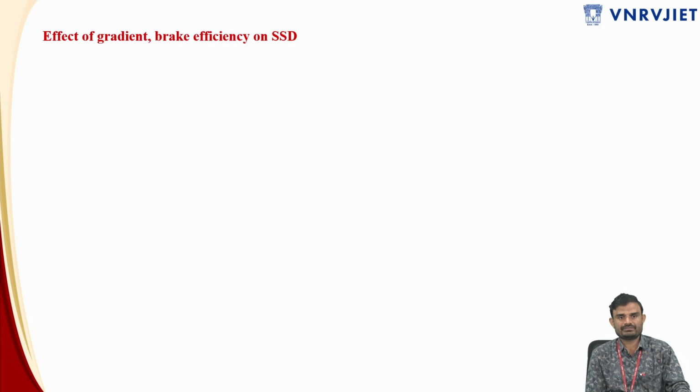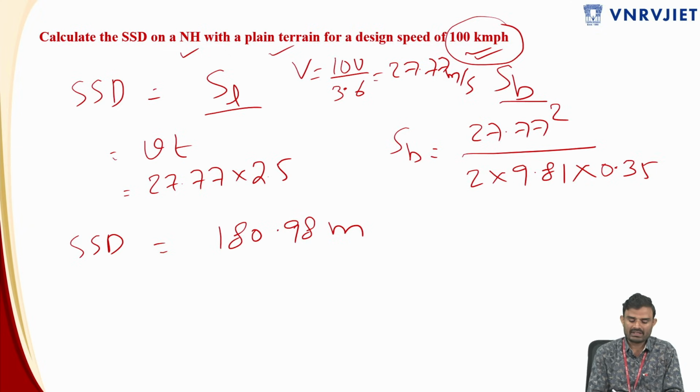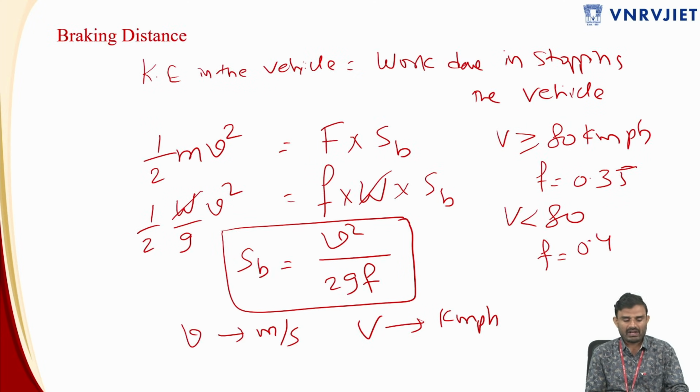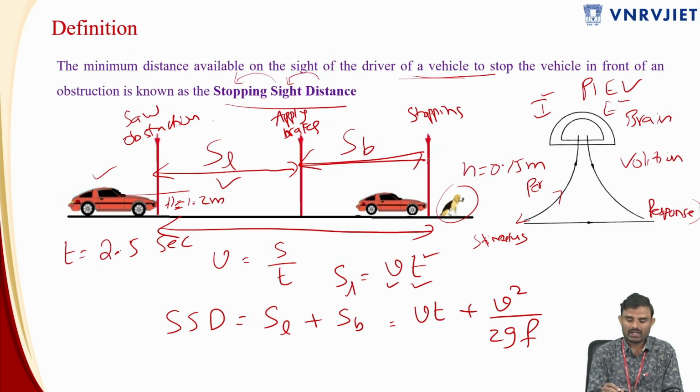Next, effect of gradient and brake efficiency on stopping sight distance. For the discussion, what we have done is discuss the stopping sight distance on a level road, assuming that there is no gradient. Of course, gradient is approximately 0, and assuming that when we have applied the brake, the vehicle has come to stopping condition with a full efficiency of 100%, but the brakes may not be 100% efficient.